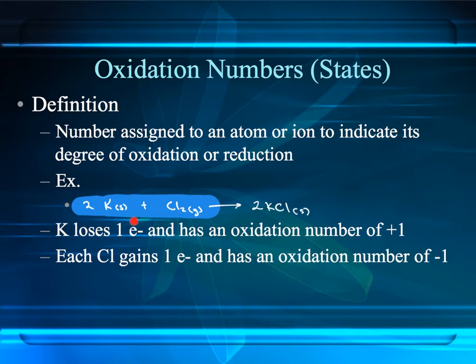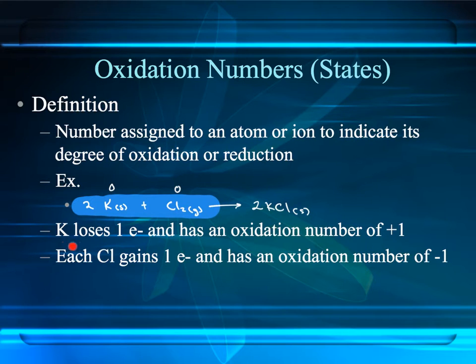Plus 1 or minus 1 being the smallest amount, right? An example reaction here, which we'll use for the next slide or so: you've got potassium atoms reacting with chlorine gas to give you potassium chloride as a solid. Well, right here, this potassium atom is neutral. It has a net charge of 0. It's got an oxidation number of 0. This chlorine has an oxidation number of 0. Well, what's happening over here, these are no longer elemental in form.